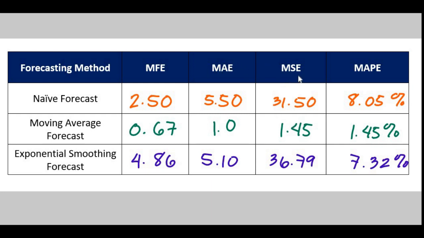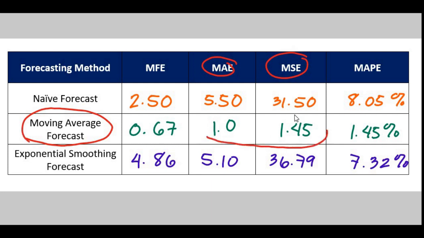To tell which among the forecasting methods is the most appropriate for that specific data set is through this MAE and the MSE. Okay? The lower the value of our MAE and our MSE, the more accurate our forecasting method will be. So for this given data set, the moving average forecast got the lowest MAE and MSE.